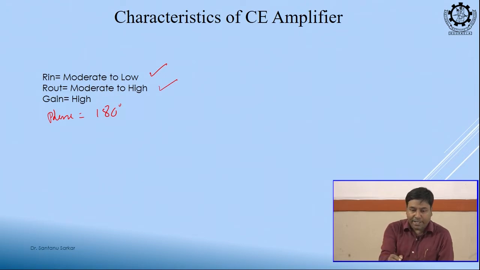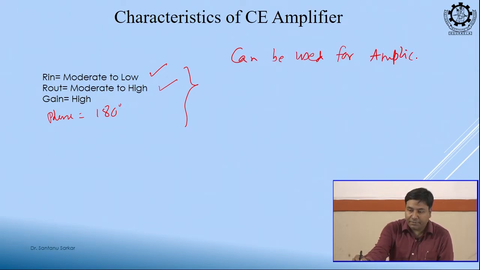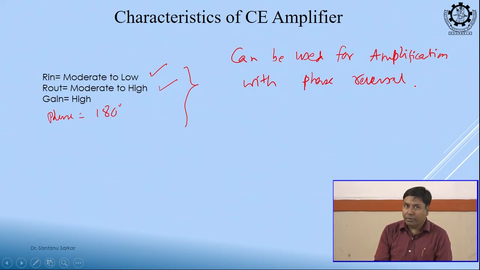So, these are the main characteristics of the common emitter amplifier. So, it can be used for amplification, right. Suppose in your signal chain you need an amplifier, then you can use a common emitter amplifier.